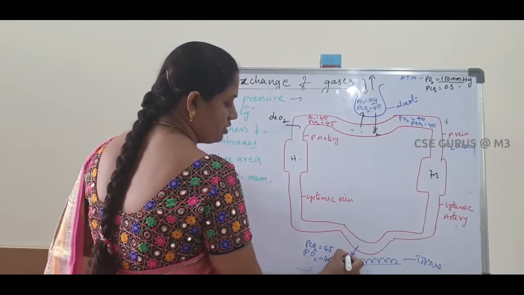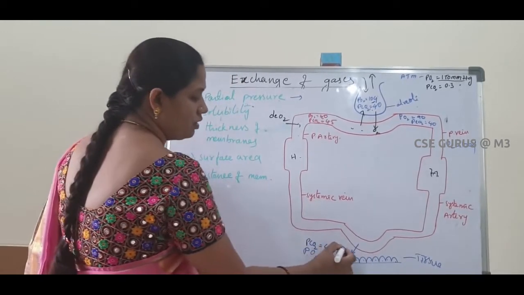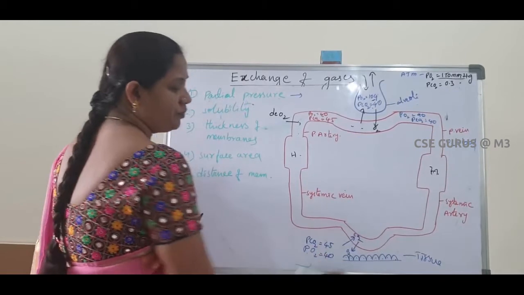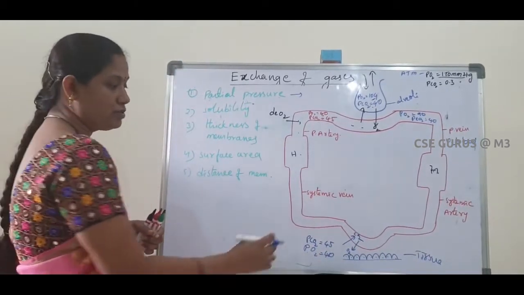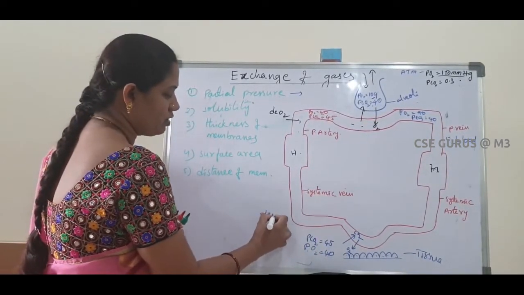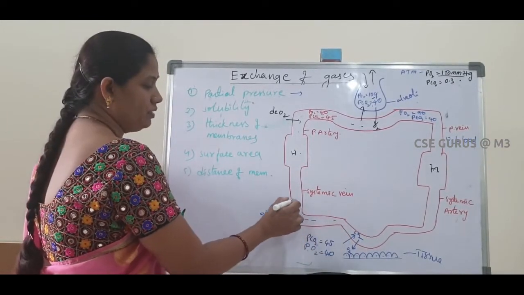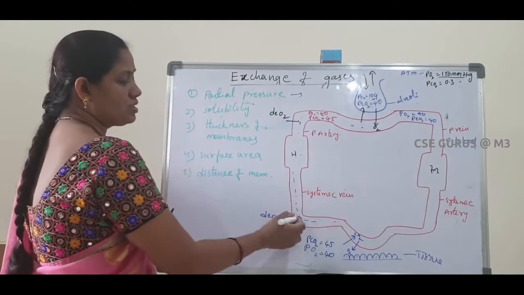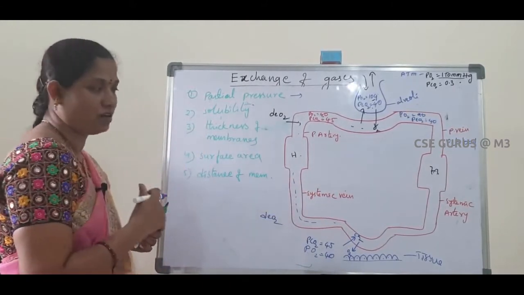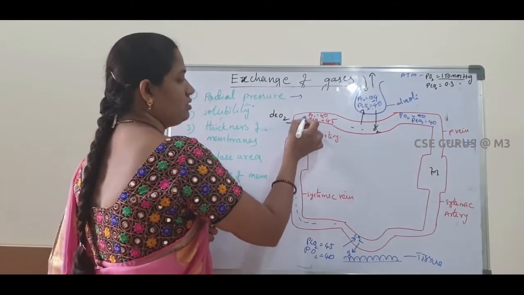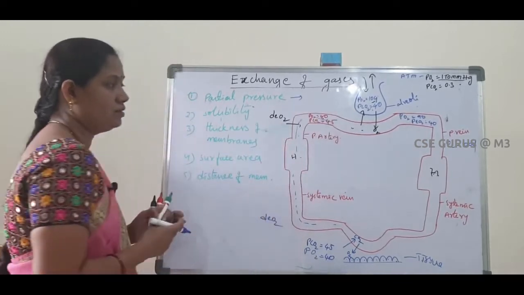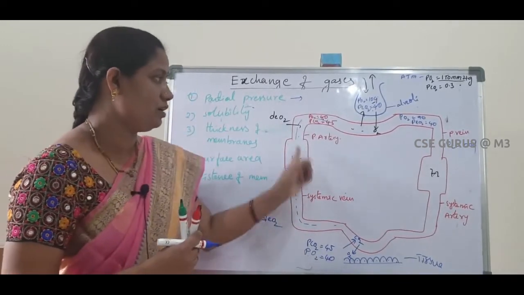oxygen diffuses into the tissue. Next, carbon dioxide diffuses into the blood. So now that blood is called deoxygenated blood. This deoxygenated blood reaches the heart through the systemic vein. Through the heart, again it reaches the lungs.